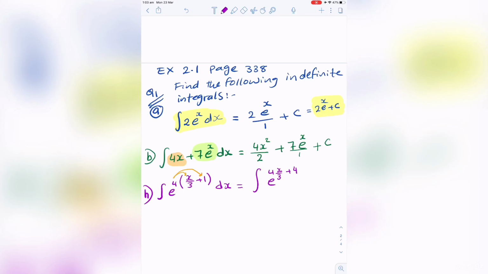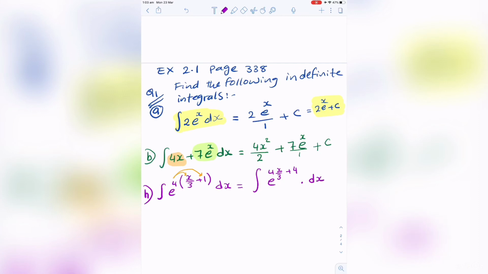It's still a power, I just put the 4 inside the brackets. So it's e to the power 4x over 3 plus 4, all as a power, and then dx.